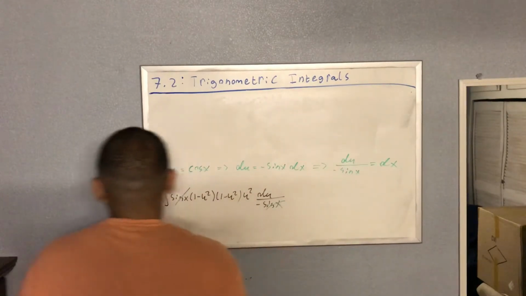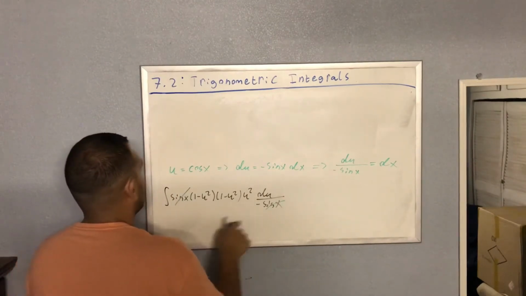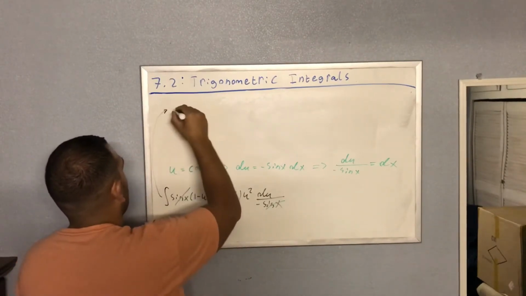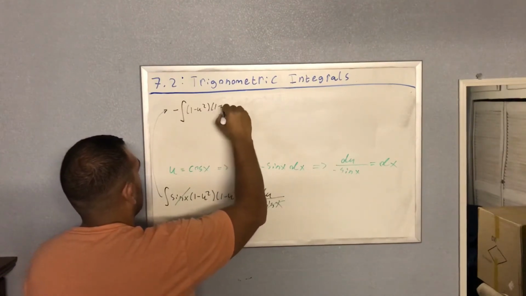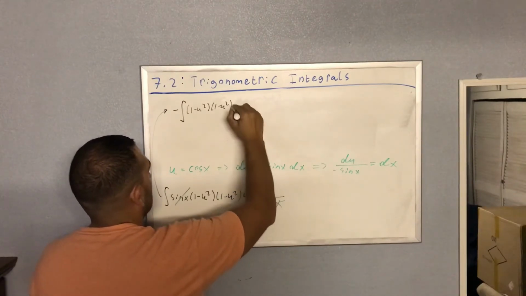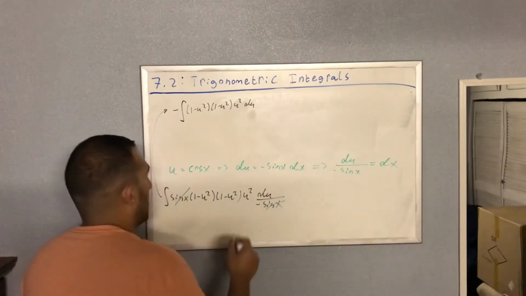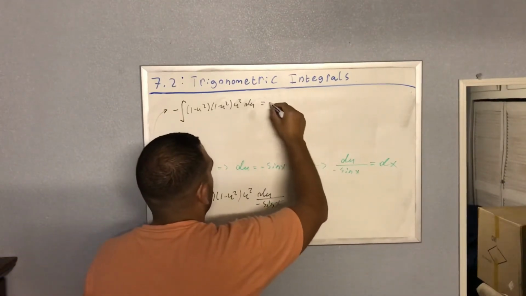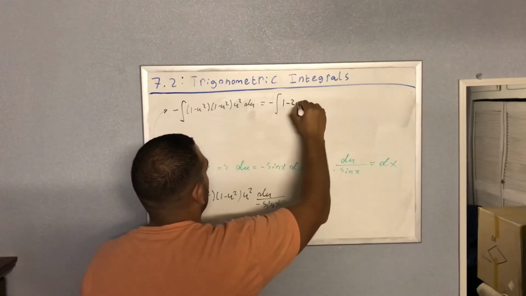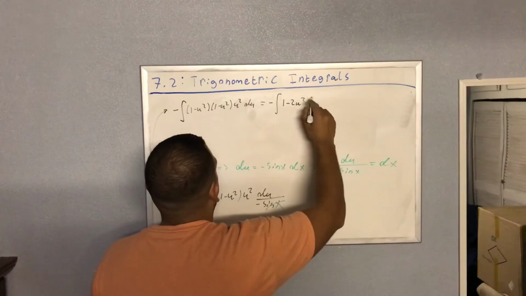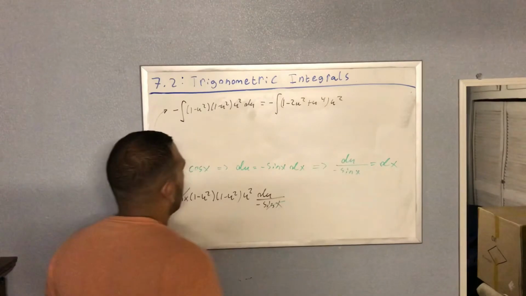Okay, and so now our integral, let's not forget about this minus sign, we'll float it out in front, is minus 1 minus u squared, 1 minus u squared times u squared du. And this is great because we need some algebra to finish this up. So if you FOIL this out, you'll get 1 minus 2u squared plus u to the 4th, and that's still times u squared, right?